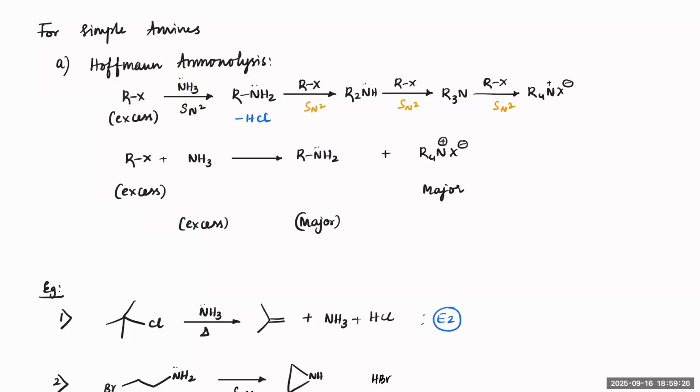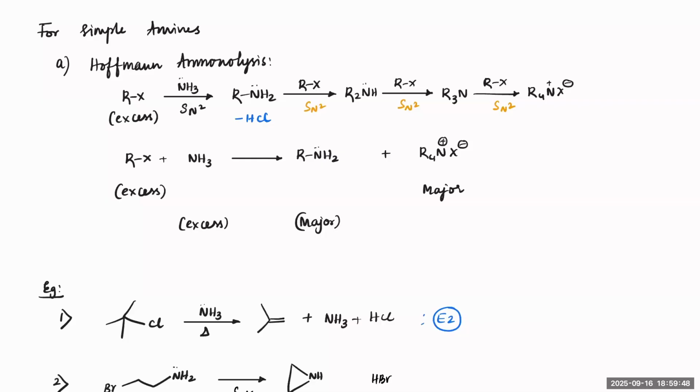Okay. This can keep happening as long as there is an alkyl halide available, because this can again act like a nucleophile, attack here, remove this X minus, and you'll get a secondary amine, thereby a tertiary amine, and a quaternary ammonium salt. Now, which one will be major?